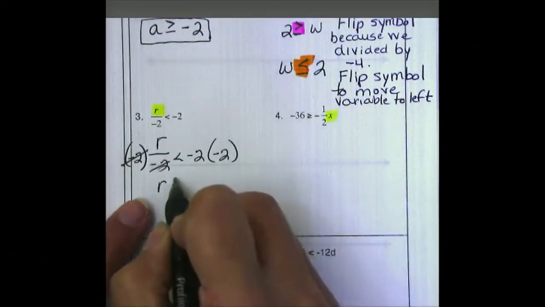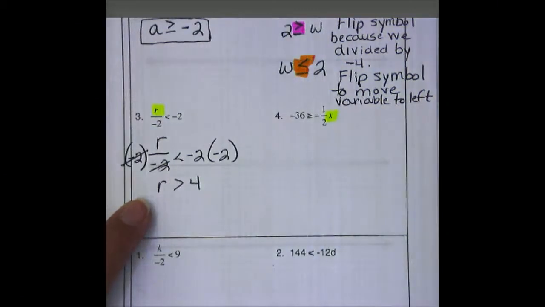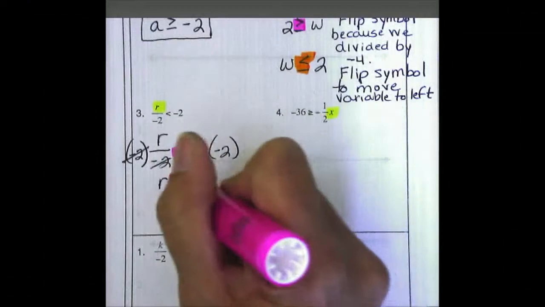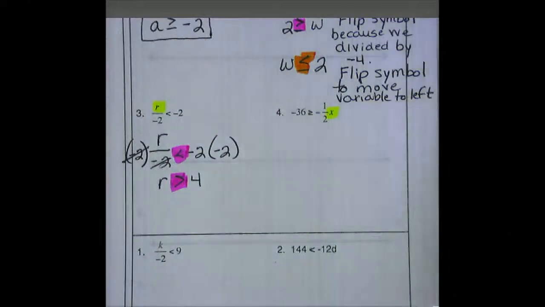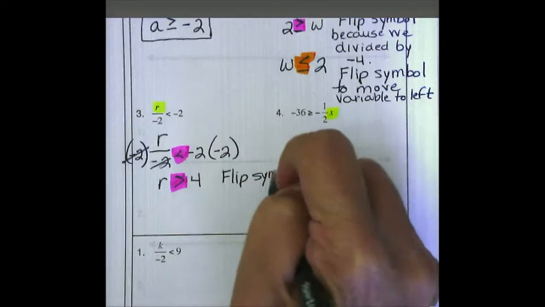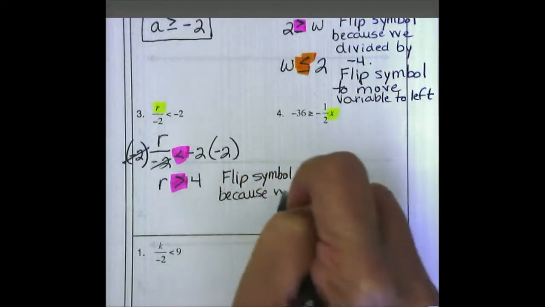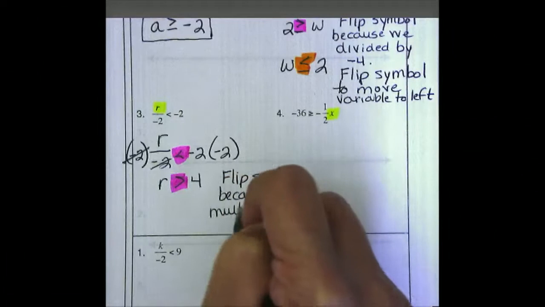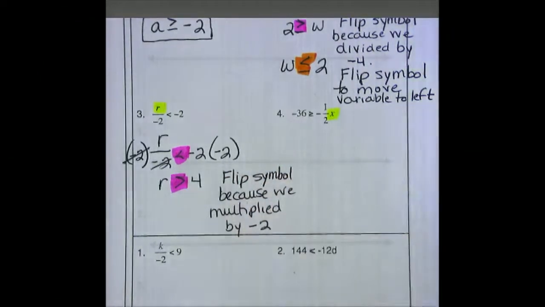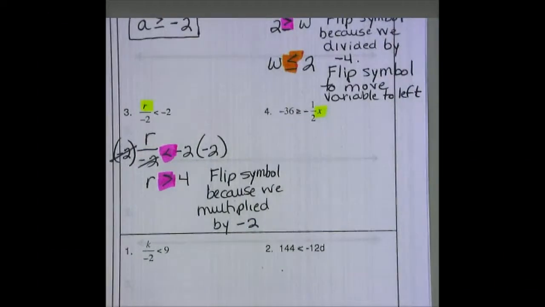And r is going to be greater than positive 4 because we had to flip our symbols because we multiplied by a negative number. Okay, so flip symbol because we multiplied by -2.